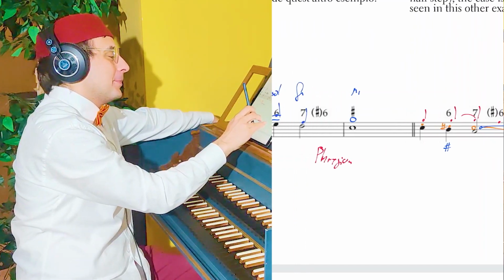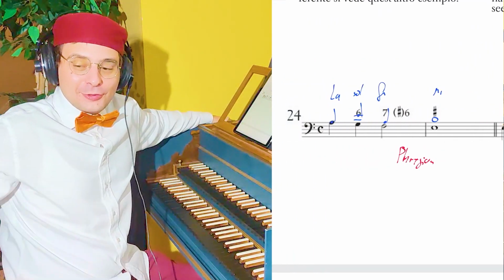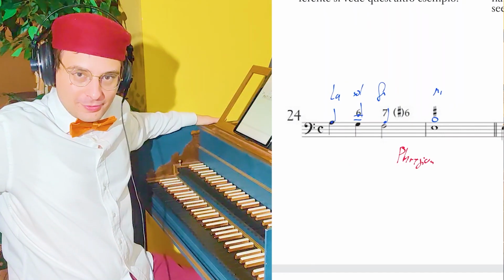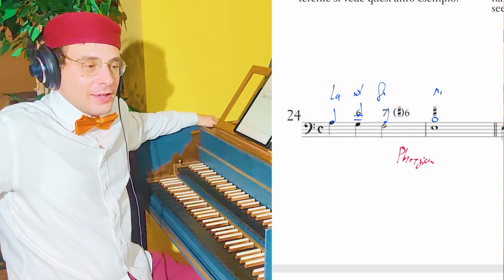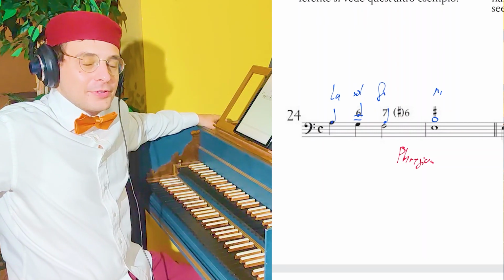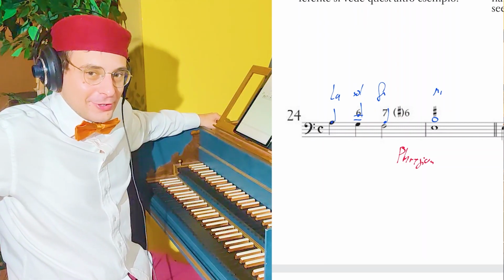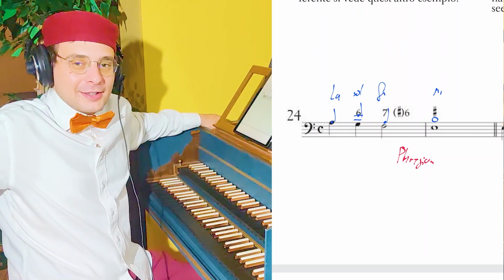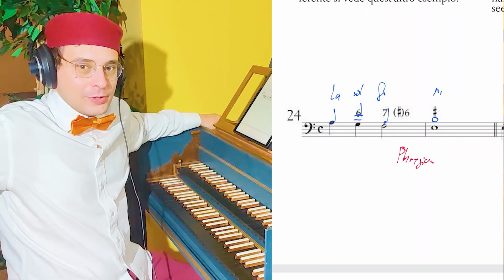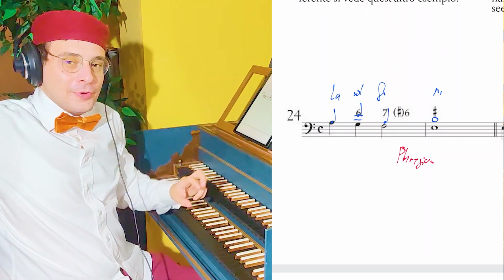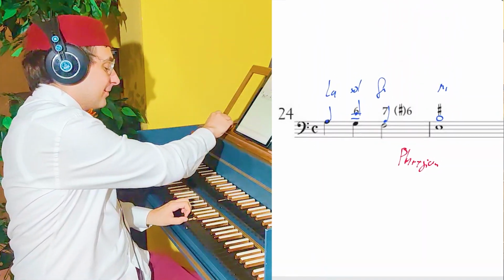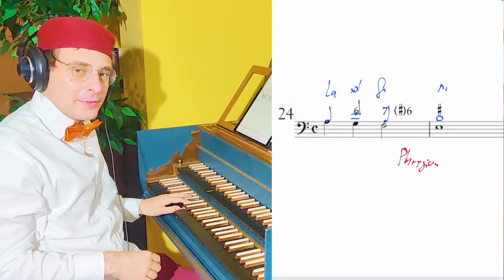There is a beautiful piece by Barbara Strozzi. Do you know Barbara Strozzi? I indeed do. The name of this composition is Voglio morire. Do you know it? No, I don't. So listen, Voglio morire means in English I want to die, and it is all composed on this descending tetrachord in D minor, if I remember right.